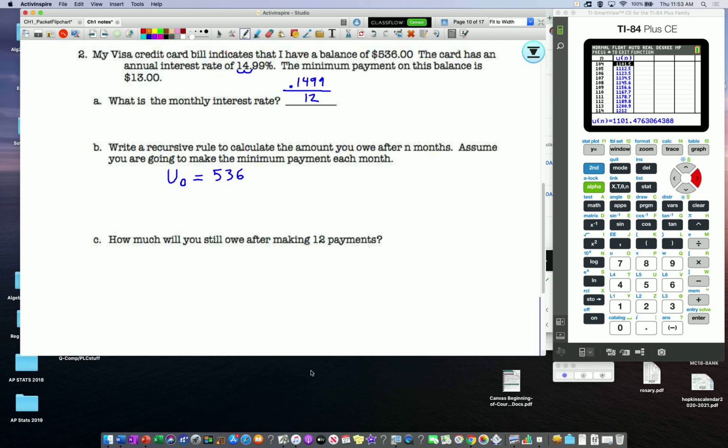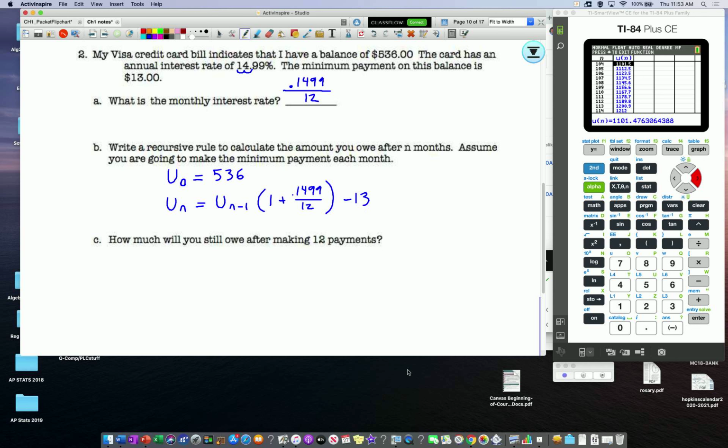Now, how it works is the recursive U sub n times U sub n minus 1. The bank charges you interest. So what happens is you'll have this 1 plus this monthly interest, 0.1499 divided by 12. However, at the end of the month, you pay off the minimum balance of $13.